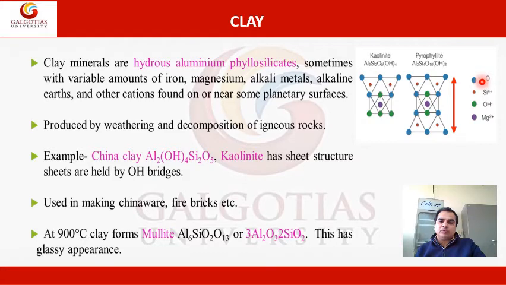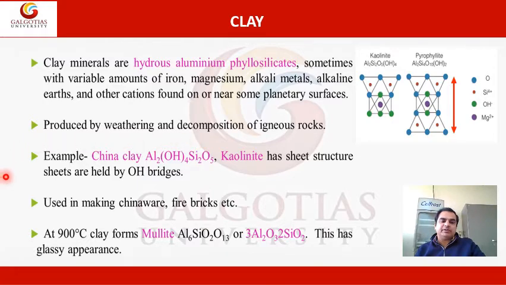The blue atoms represent oxygen, the red atoms in both structures represent Si4 plus, the green atoms represent the OH minus ions, and the purple atoms represent the Mg2 plus ions. They can also be produced by weathering and decomposition of igneous rocks.